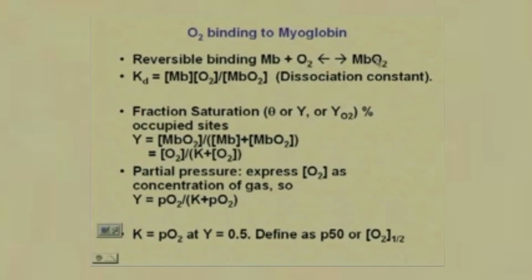If I wrote it this way, I would have an association constant, because I am associating the oxygen with the myoglobin, and the inverse of this is the dissociation constant. What do I have? I have the concentration of myoglobin, the concentration of oxygen, and the concentration of the MbO2. And where is the oxygen binding? It is binding to the heme of the myoglobin.